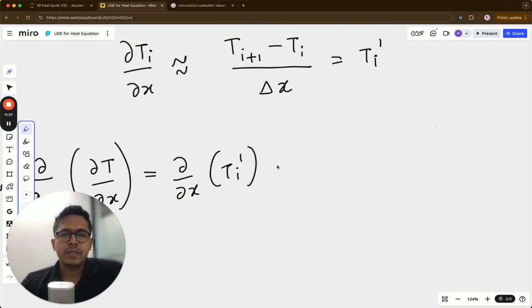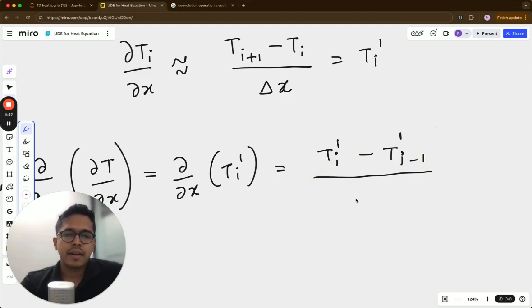And what would this be? This would be equal to, let's say, (Ti prime minus Ti-1 prime) divided by delta x.